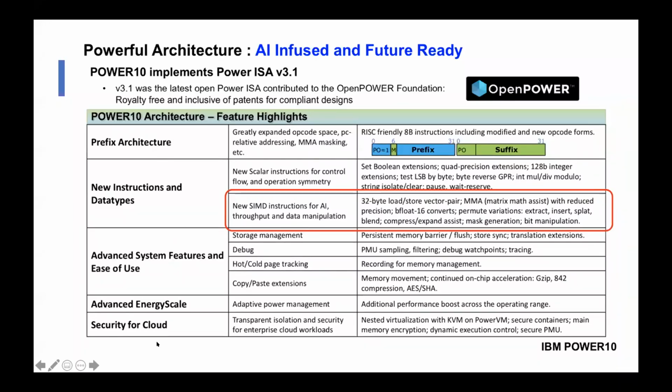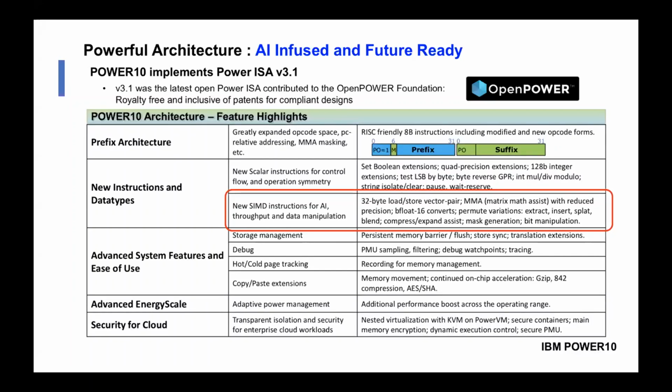And then we have quite a few enhancements to address security in cloud, some power management related things, and also some system features and ease of use related activities. So these are some of the high-level features that we would like to highlight as part of version 3.1, where we have brought in some innovation.